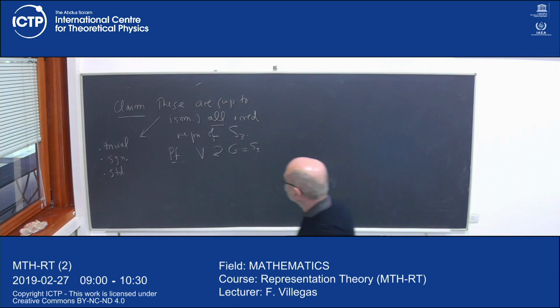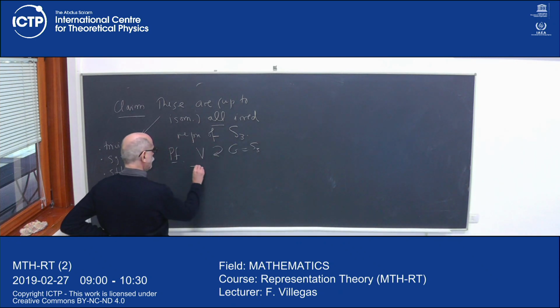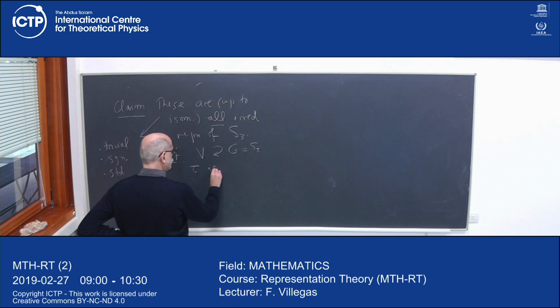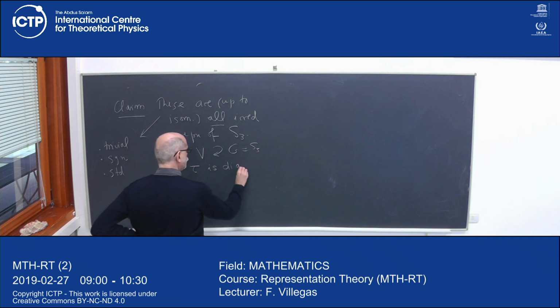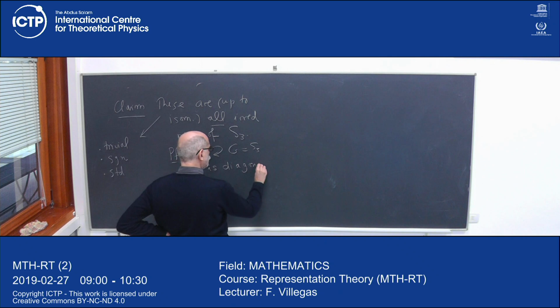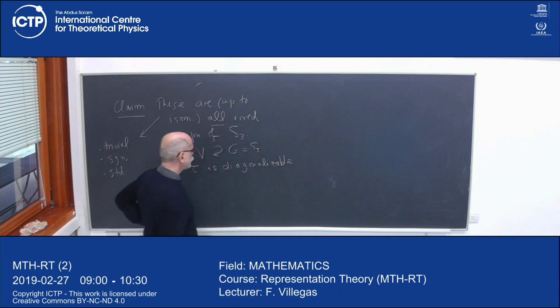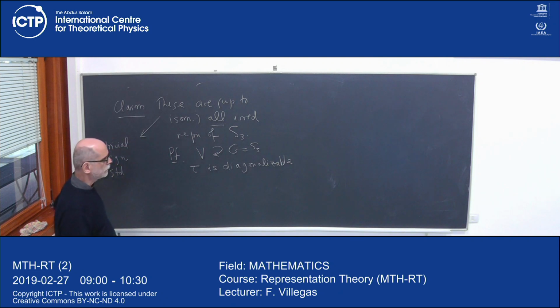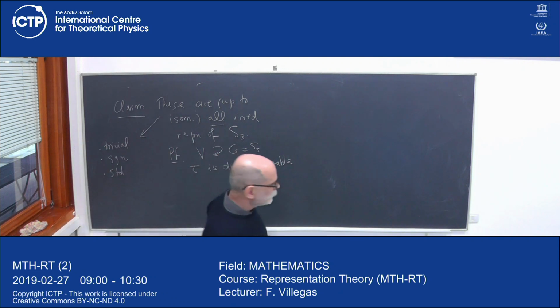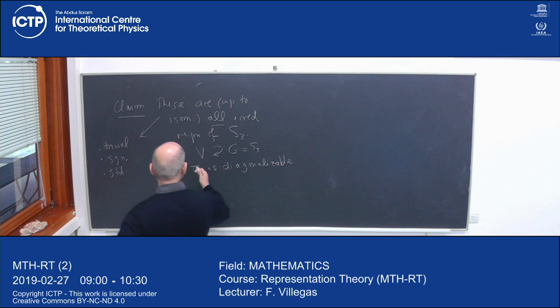So tau, as we said, is diagonalizable, because, as we argued on Monday, it's of finite order. Well, I'm abusing notation. Rho of tau, right?